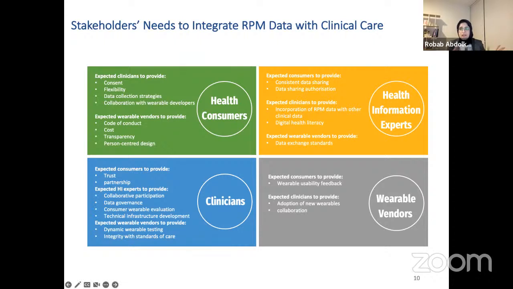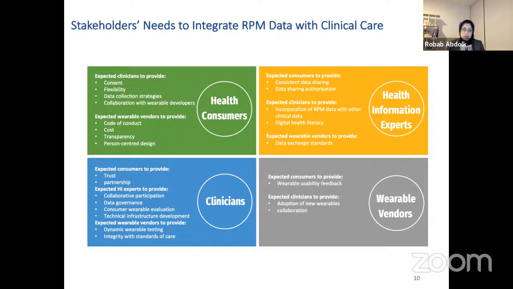You see, they expressed what they want from other groups in order to be able to collect and manage high quality data themselves. All the details of each of these items are already published in a separate paper if you want to refer to them.